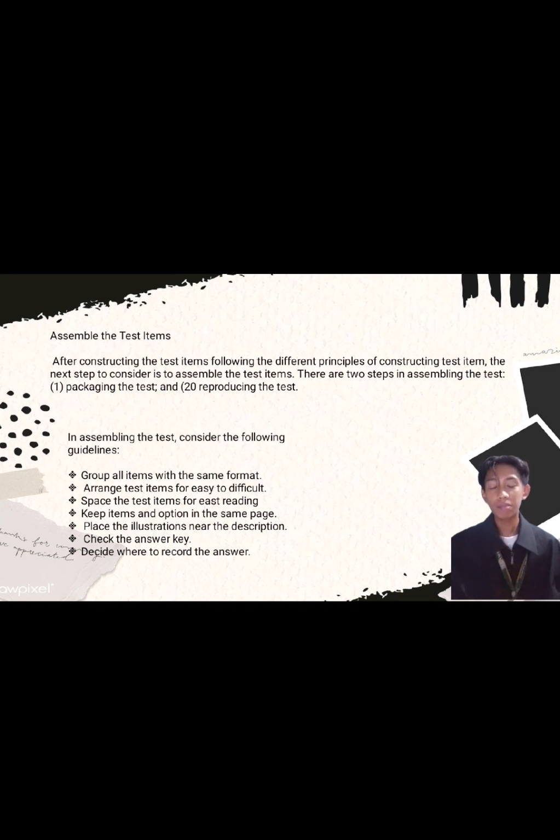There are 2 steps in assembling the test items, class. First is packaging the test. Second, alright, in assembling the test, consider the following guidelines.